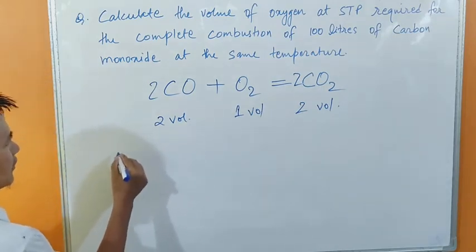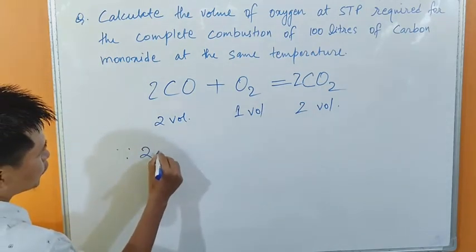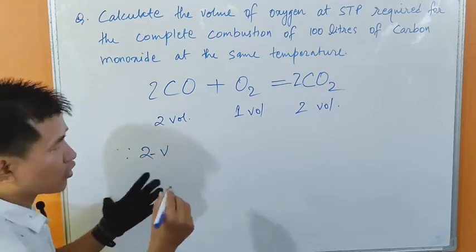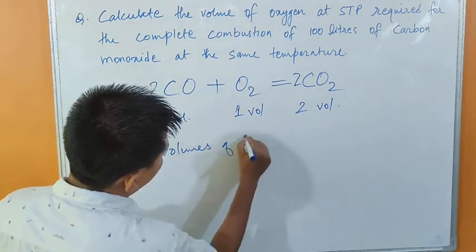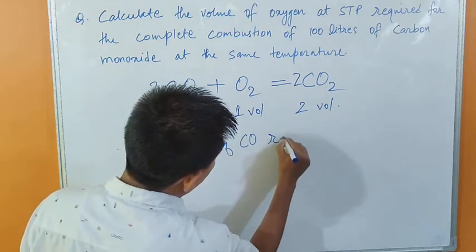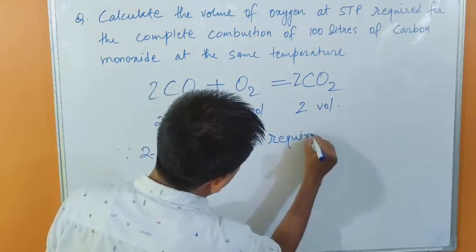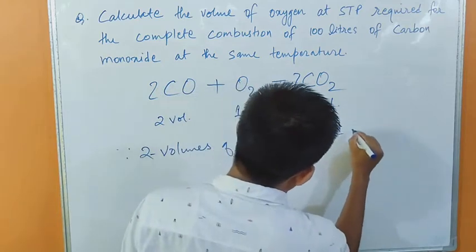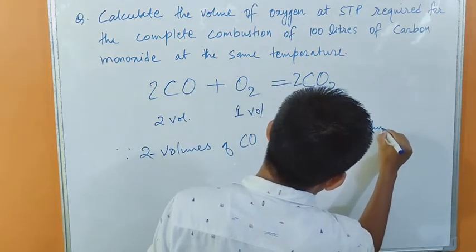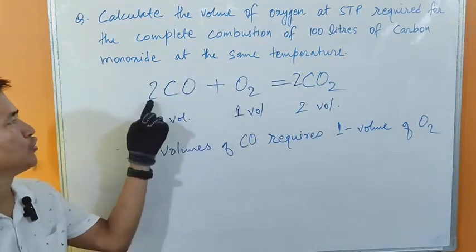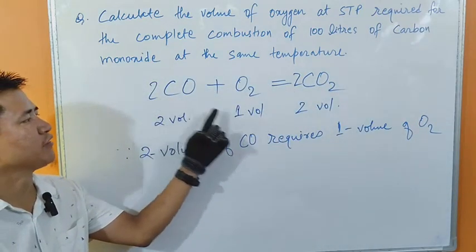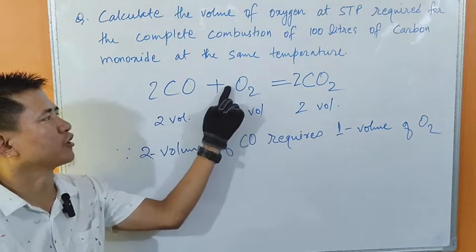Okay, let me solve. Since 2 volumes, this is the way how we solve. 2 volumes of carbon monoxide requires 1 volume of O2. We can see from the equation 2 volumes of carbon monoxide require 1 volume. There is 1 in front of O2.